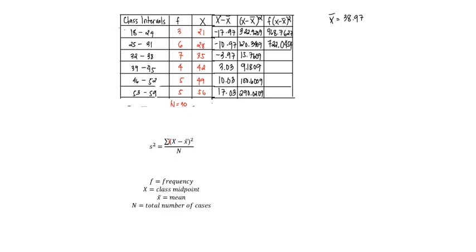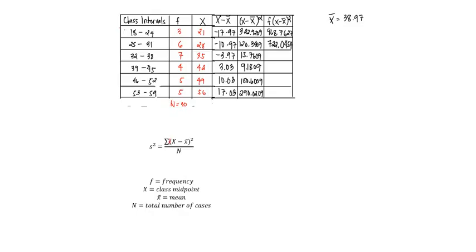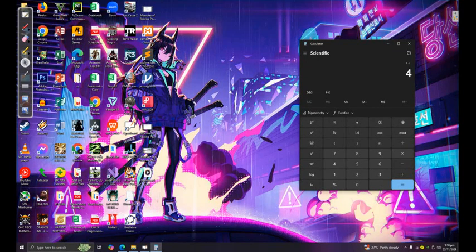And then let's do 7 times 15.7609, which should give you 110.3263. And then 4 times 9.1809, which would give you 36.7236.